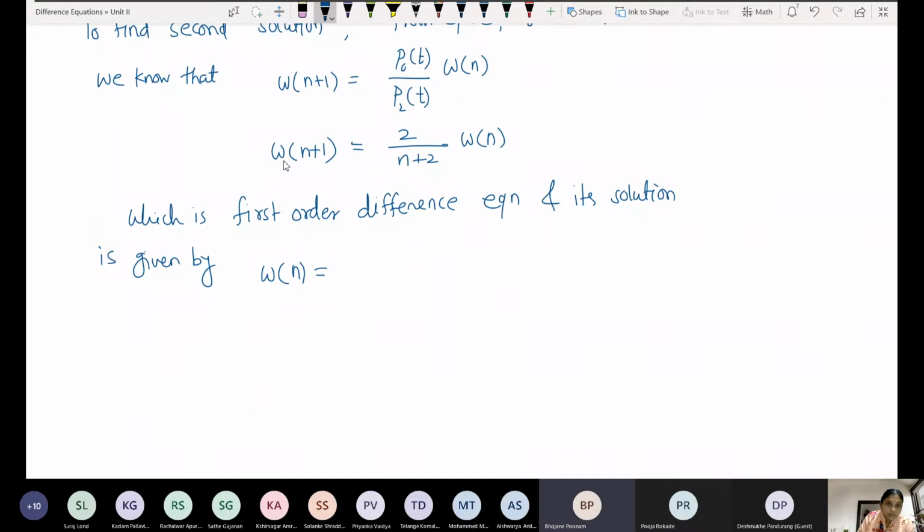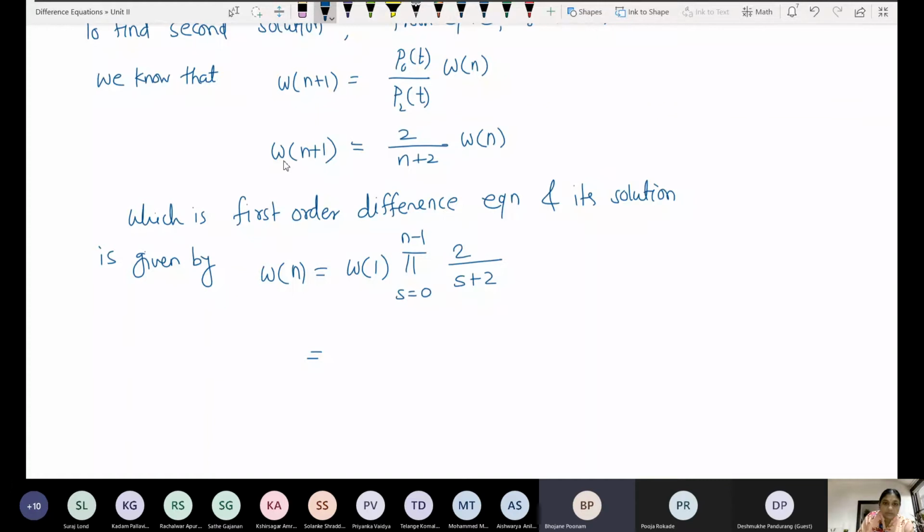So W at n is equal to W at 1 into the product of s is equal to 0 to n minus 1 of P0 upon P2, which is nothing but 2 upon s plus 2, right?